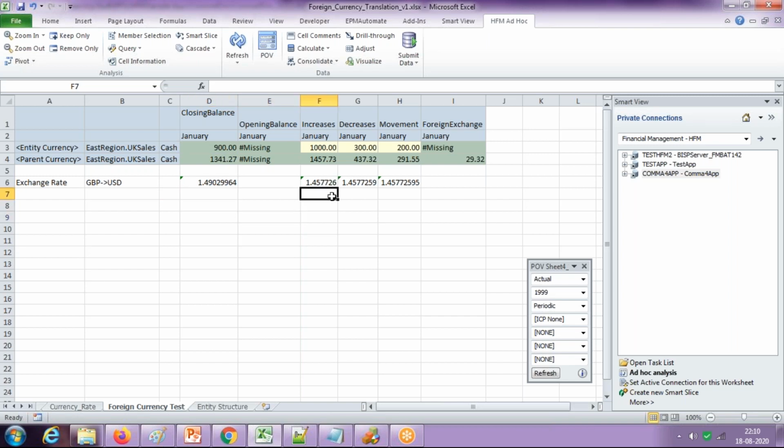Let me once again do this. 900 closing balance multiply by currency exchange rate. So 1341, this is how it comes. Similarly, increases multiply with currency exchange rate. This is our currency exchange rate, 1457. Decreases multiply by currency exchange rate.